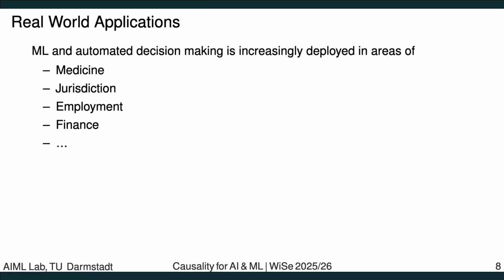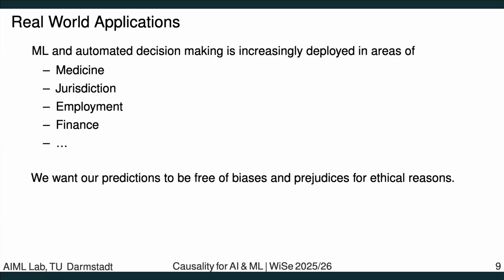And this not only goes for general applications like normal text writing or whatever, but we have a lot of biased data in medicine, jurisdiction, employment, finance, everywhere where we have historical data that might be biased, or where we have legislation that also forces us to adhere to some standards in terms of fairness.